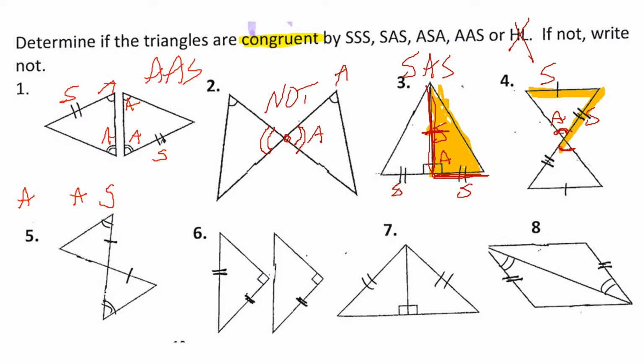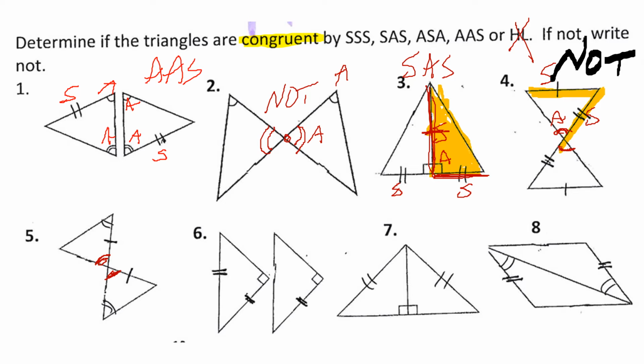Is that the angle where they're touching? No, that's not the right angle. That's not the correct angle in that corner. So it had to be right there in that corner. So this is another not congruent. Easily changed, so don't just memorize the shapes. You've got to know what the marks are telling you on there.